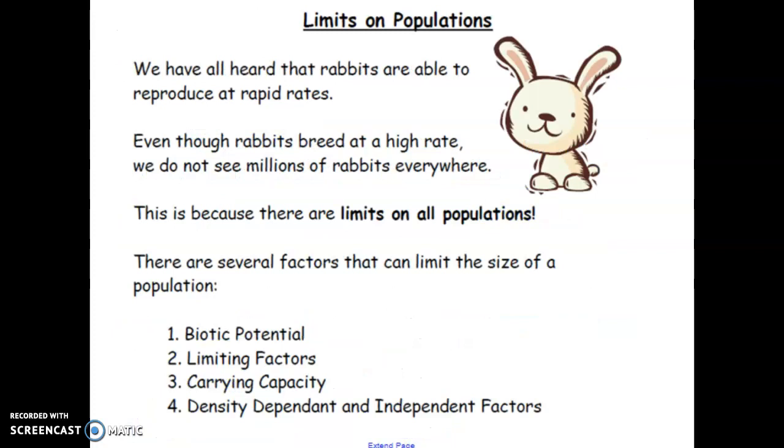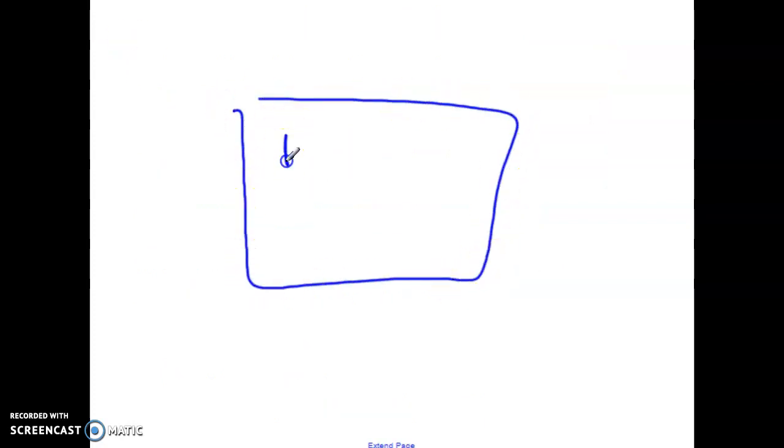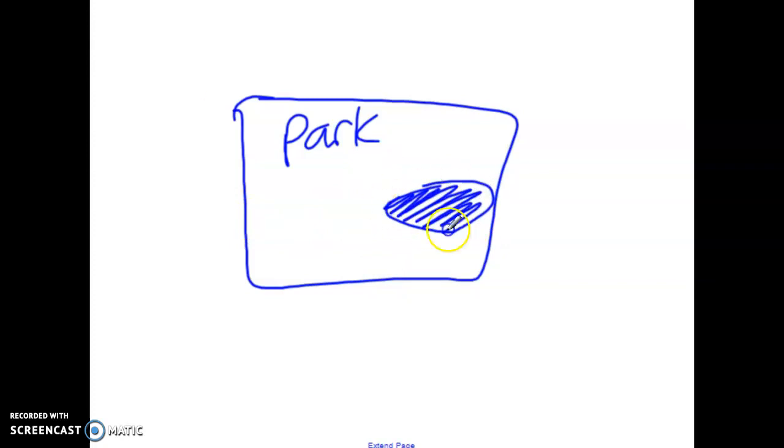Okay, so now let's start talking about what are some of the things that can limit population? We know that there's obviously a limit to everything, right? So let's go back to my park analogy. In this park, let's say over here, I have a little pond. There's some water.